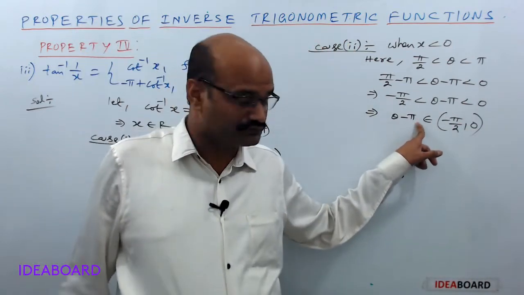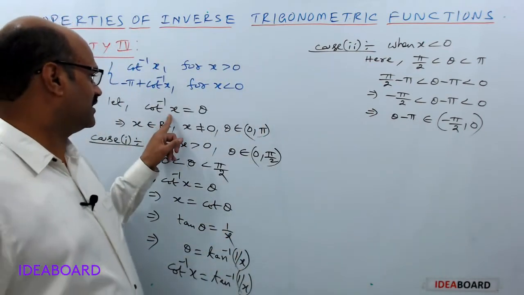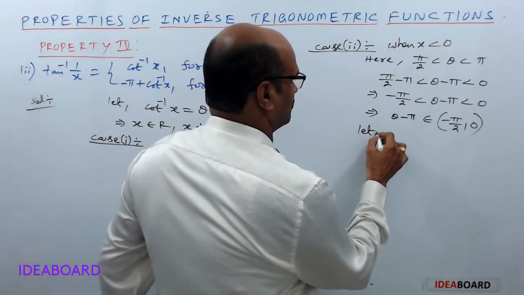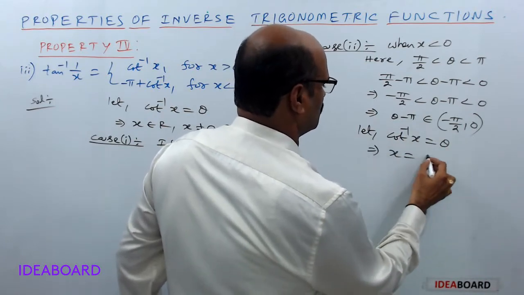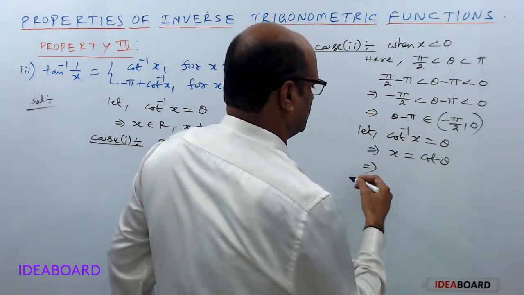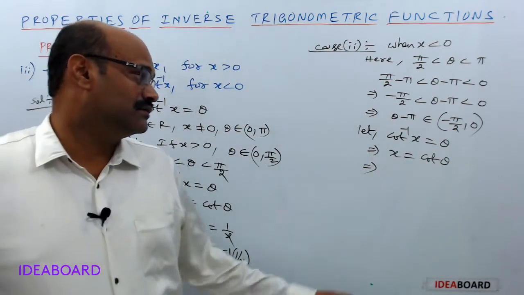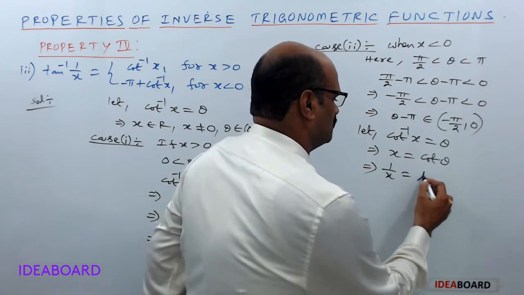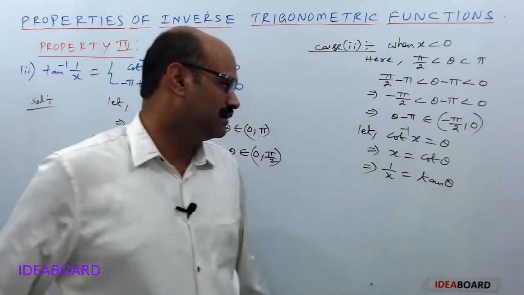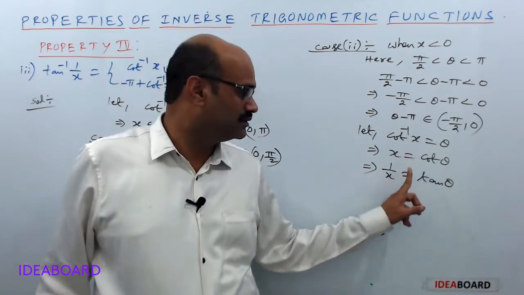Now, let cot inverse of x equal to theta here. It implies x equal to cot theta. Now, 1 by x equal to tan theta. Take the reciprocal of this.